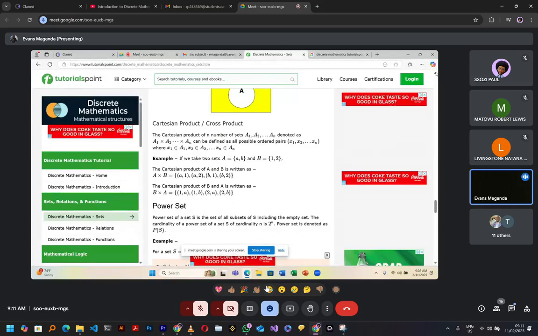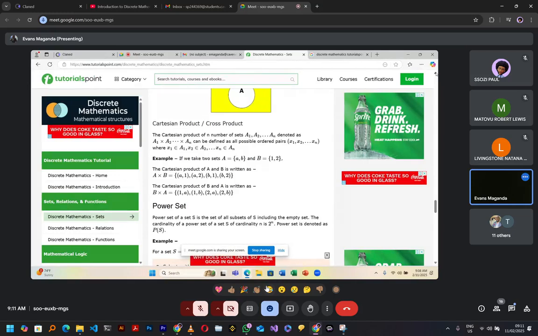So here you're just trying to pair. If, for example, I look at A times B, what we have said is we are pairing. So you get the first pair. To represent them, you put each of the pairs in brackets. The first pair here will be A with 1.